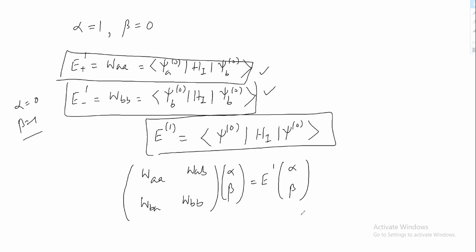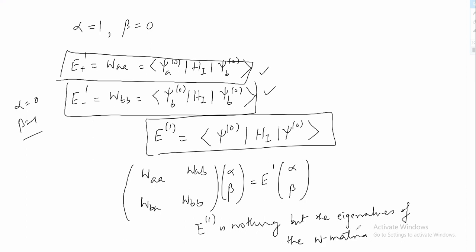And therefore, what are these E1? As you can notice, these E1s are nothing but the eigenvalues of the W matrix.